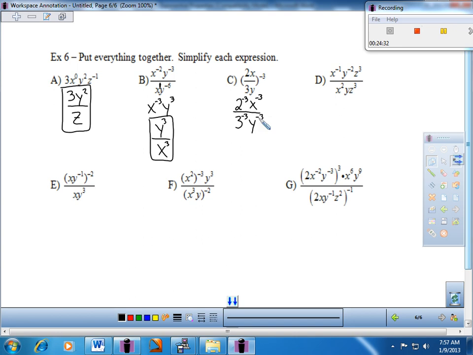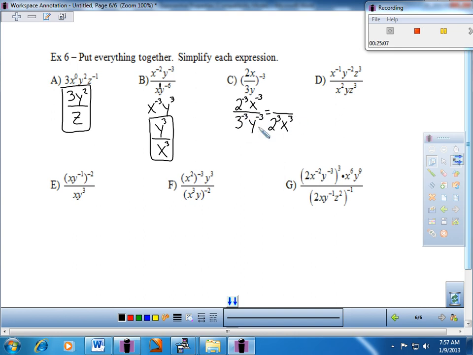And you know what I see here is each one was raised to the negative third, and each of these four terms, 1, 2, 3, and 4, has a negative exponent with it. Well, I do need to fix that, and so what I'm going to do is anything with a negative exponent, I'm going to change to a positive. So if it's in the numerator, it goes to the denominator and becomes positive.